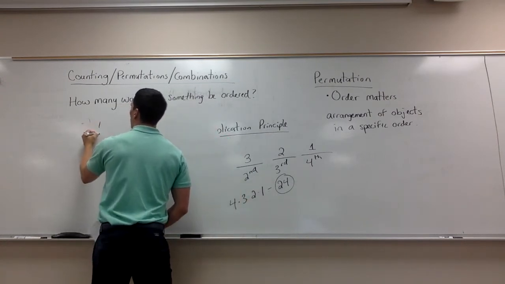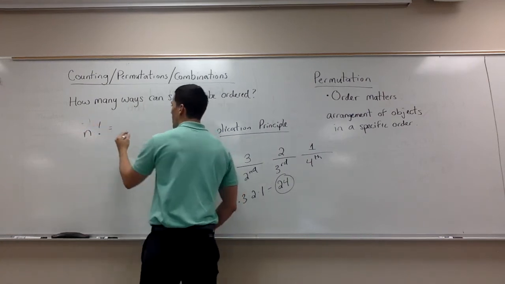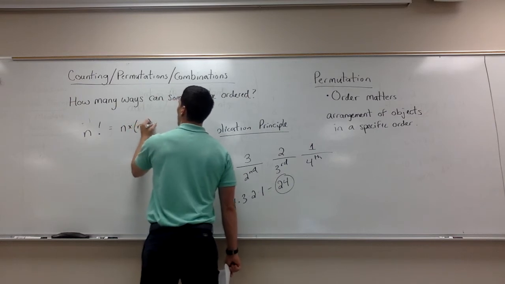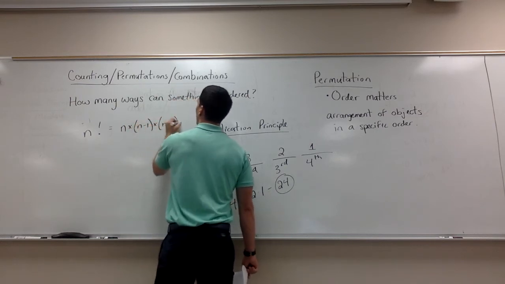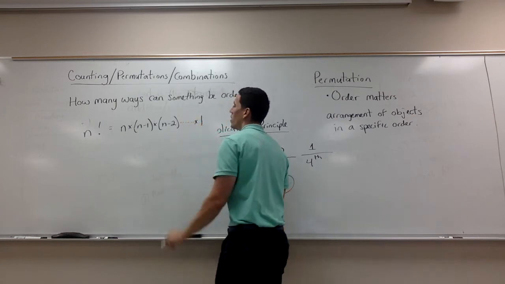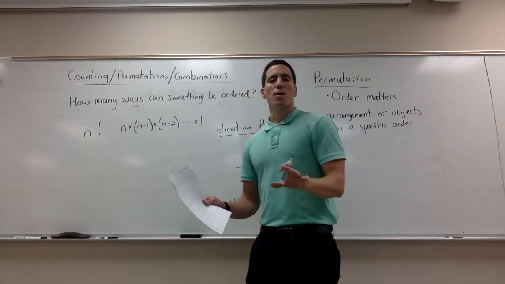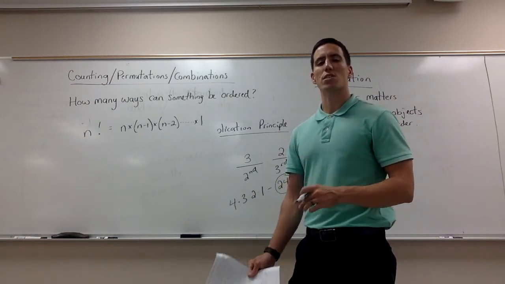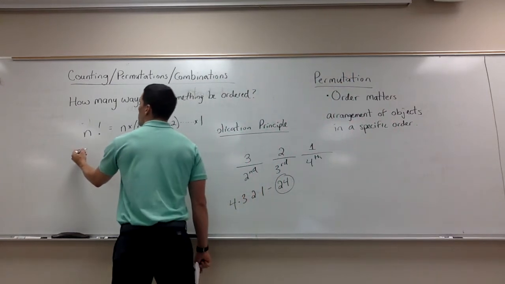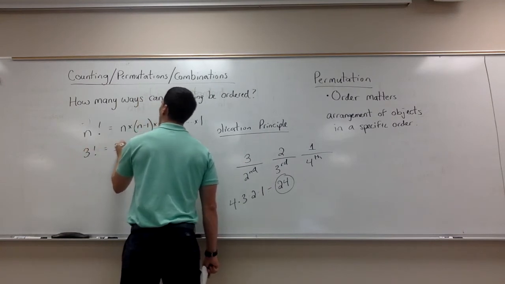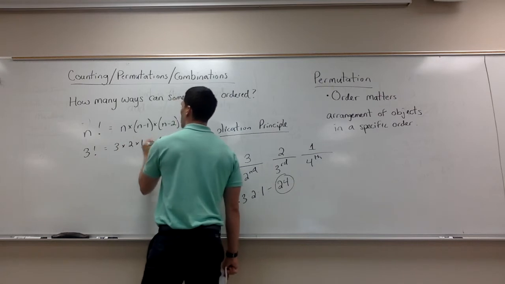So n factorial is defined as n times n minus 1 times n minus 2, all the way down to times 1. Now, that's a pretty difficult definition to wade through, so let's give an example, and you'll see that it's actually a pretty simple concept. 3 factorial is 3 times 2 times 1, or 6.